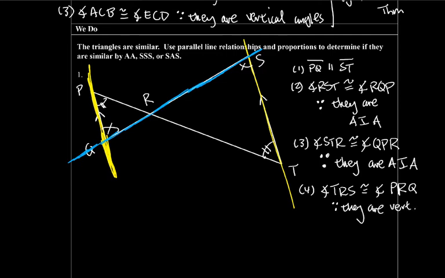I'm going to write vert and then angles, like that. All right. Therefore, remember the symbol means therefore. Triangle what is similar to triangle what? So take a quick second and do that real quick.